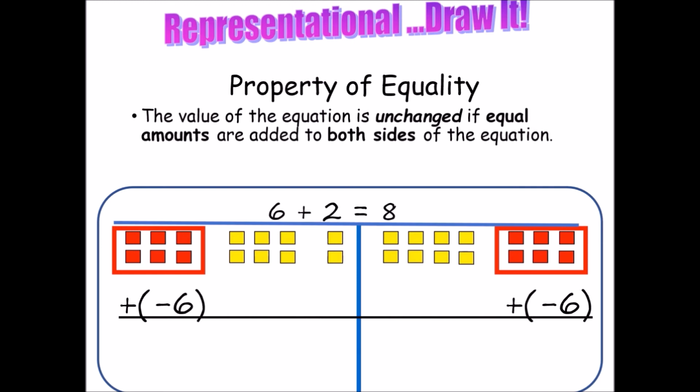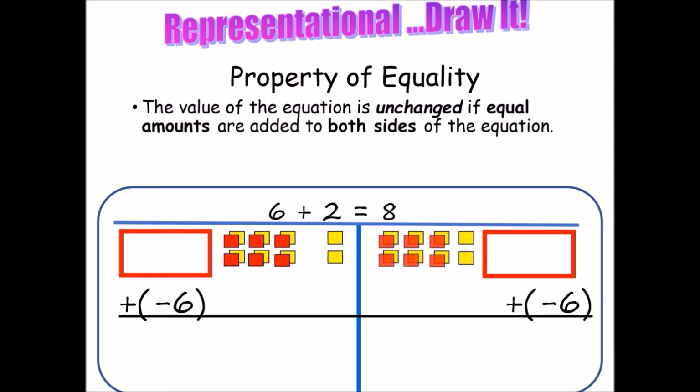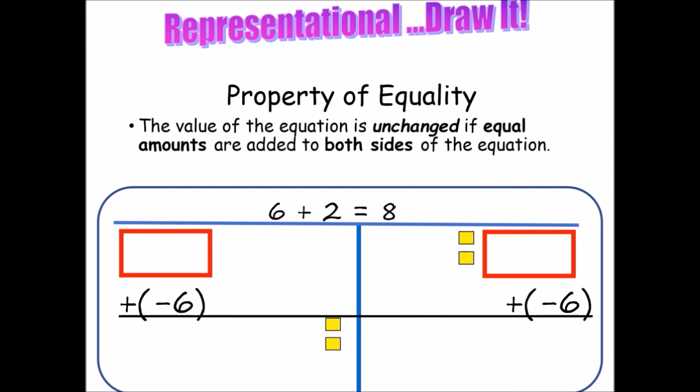As we add in a negative 6 to both sides, we'll see that essentially that will end up looking like subtraction as we make our zero pairs and we match them up on the left side and we match them up on the right side. Our zero pairs will of course cancel each other out on the left, cancel each other out on the right. We bring down our remaining values, still leaving us with a balanced equation of 2 is equal to 2.